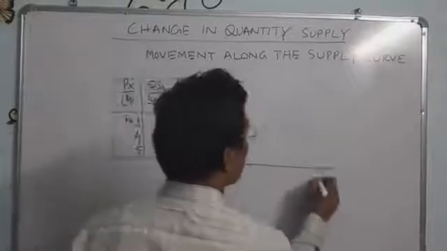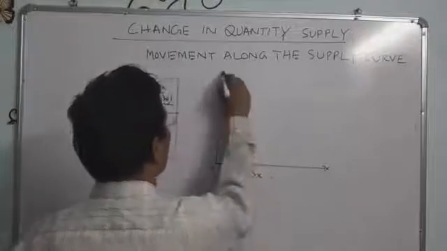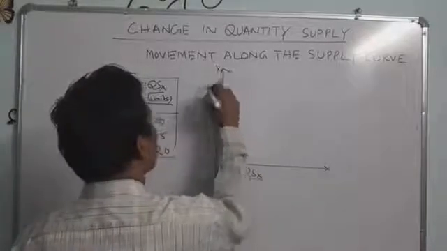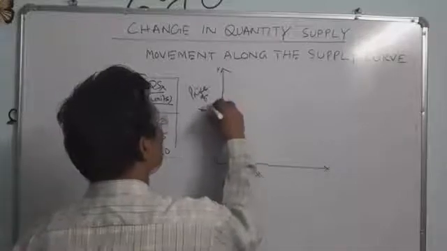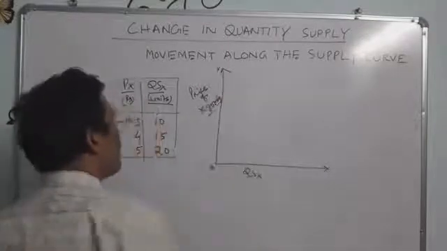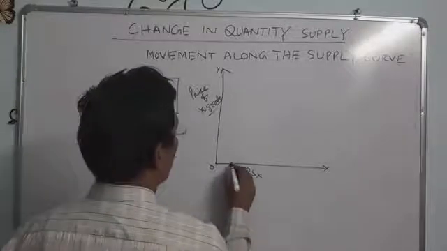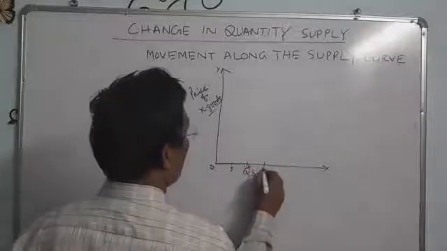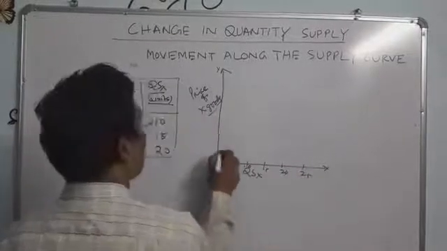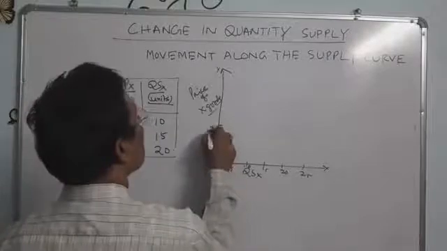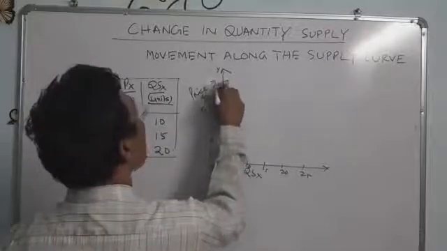The OX axis represents the quantity of supply of X good, and the OY axis represents the price of X good. Quantity supplied is 5, 10, 15, 20, 25, and price 1, 2, 3, 4, 5, 6, 7, like this.